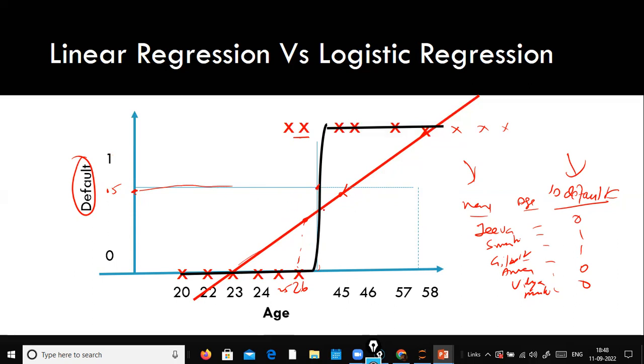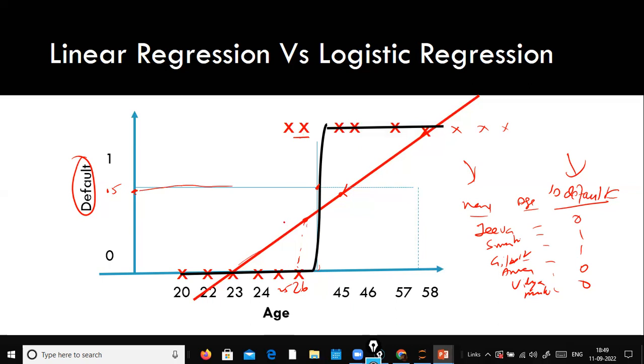Let's just think the line is emanating somewhere here. In that case, this customer is actually a defaulter, but your predicted value is just below this cutoff, hence we conclude this is a non-defaulter. The chances are that it can do misclassification if you use the linear regression algorithm.